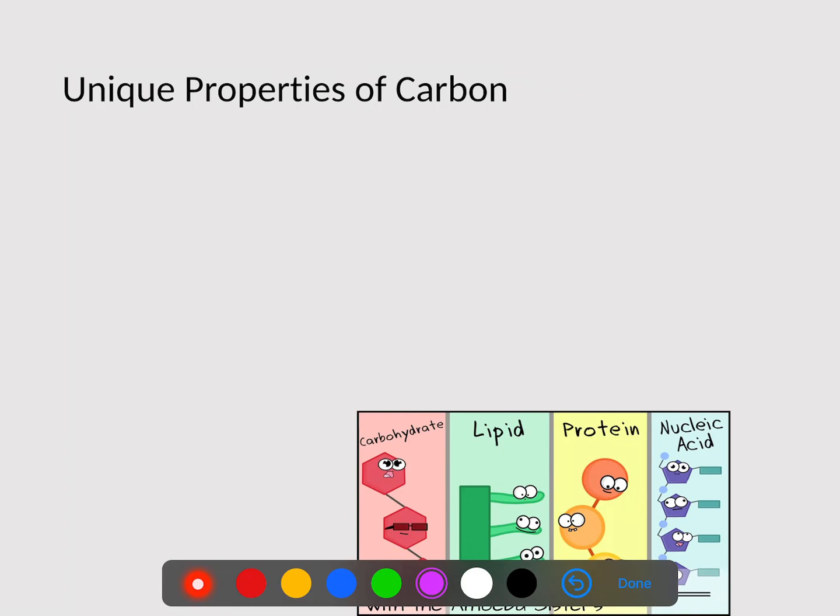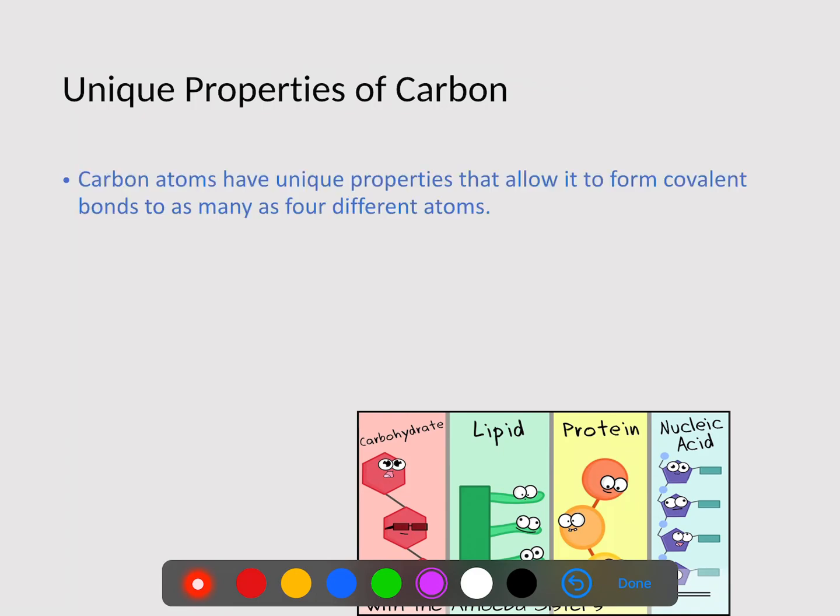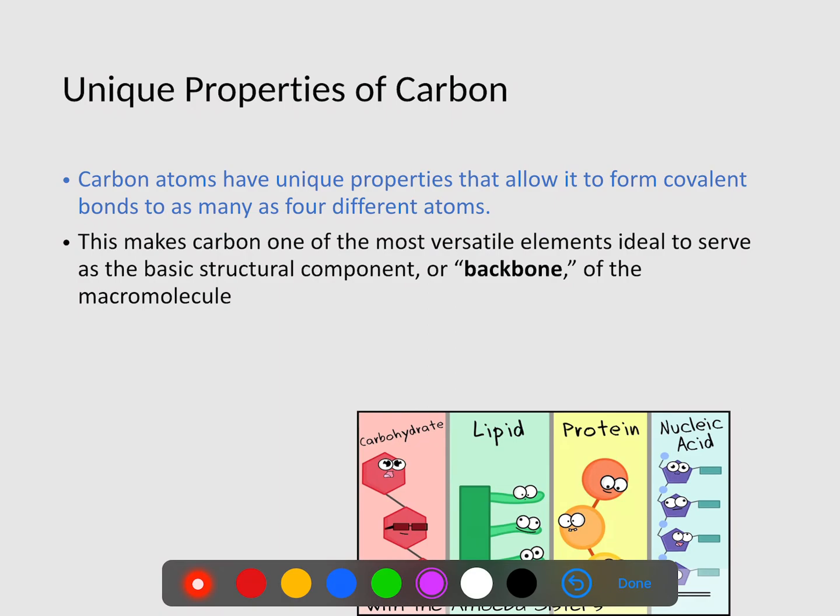Now again, carbon has a lot of unique properties. Carbon atoms have unique properties that allow it to form covalent bonds to as many as 4 different molecules. So this makes carbon one of the most versatile elements, ideal to serve as the basic structure component or backbone of macromolecules.